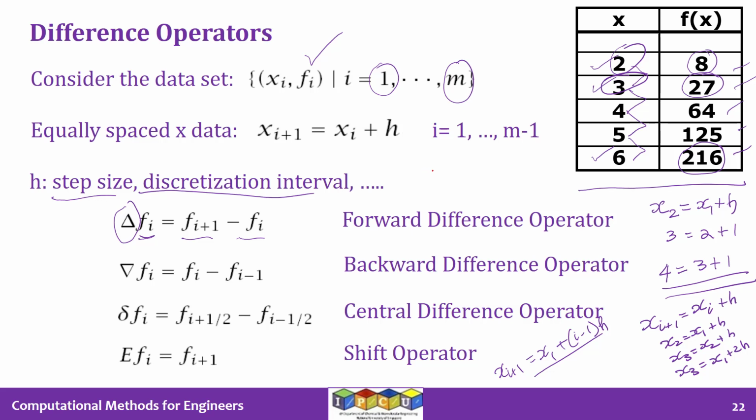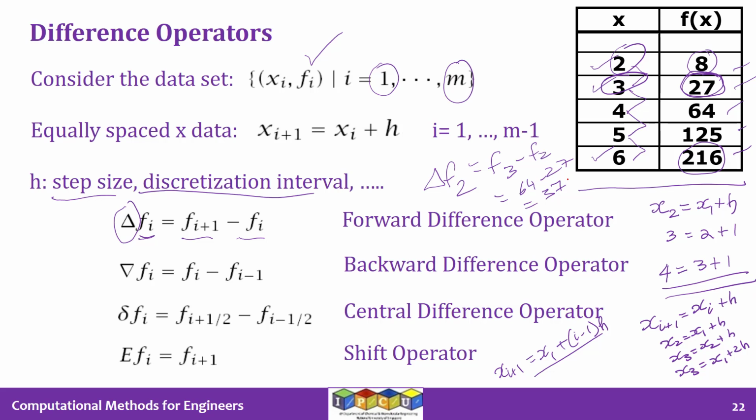So if I take this delta and apply it to, let's say, f2, which is this value, I'm going to get f3 minus f2, which is going to be 64 minus 27, which is equal to 37. So delta f2 is 37. Delta f1 is going to be 27 minus 8, which is 19, and so on. So this is how the delta operator works.